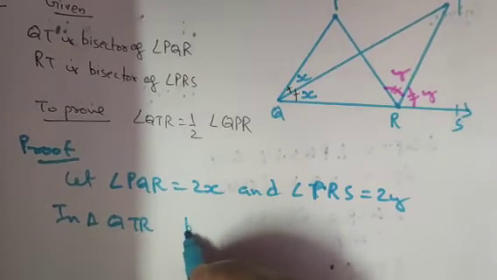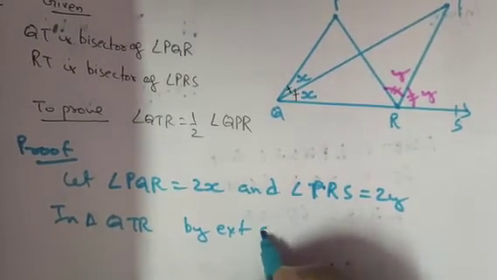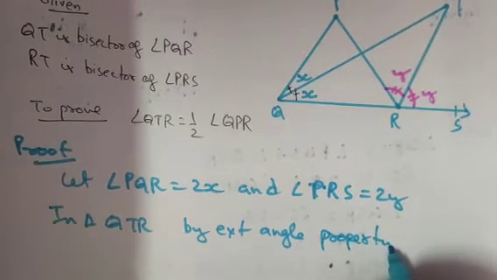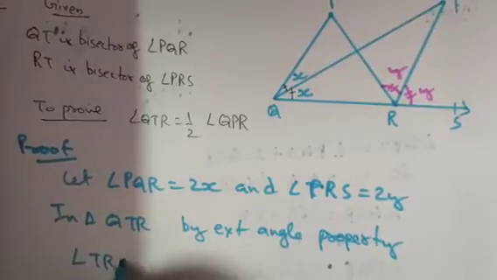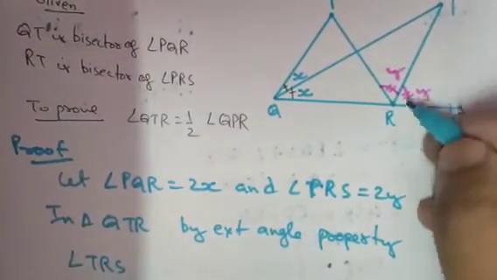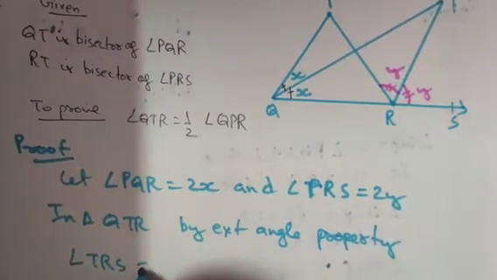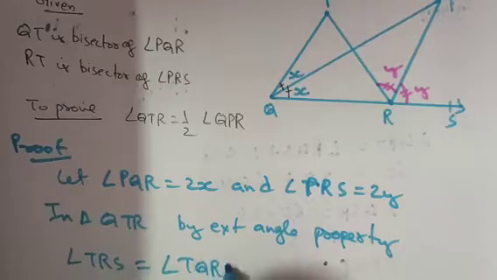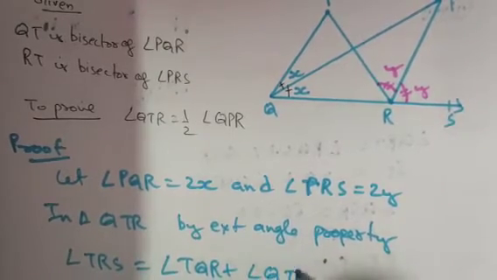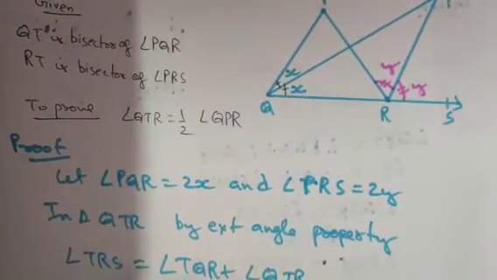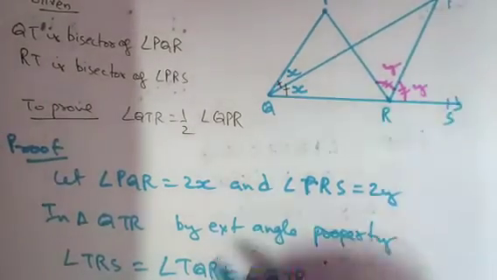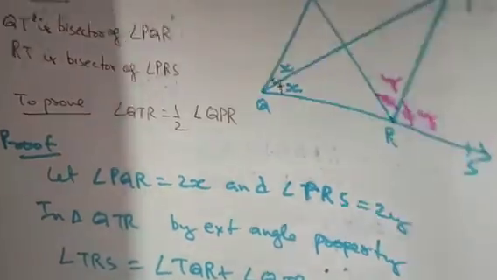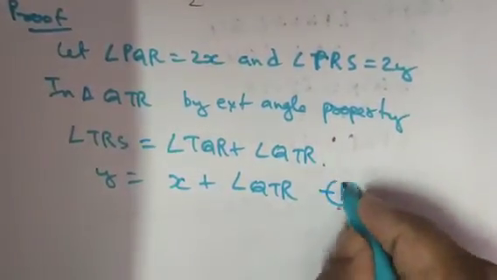By the exterior angle property, angle TRS equals angle TQR plus angle QTR. TRS is y and TQR is x, plus angle QTR. So this will be the first equation.